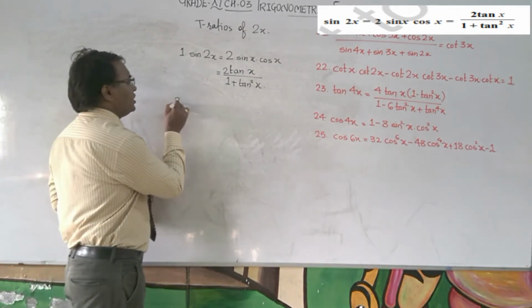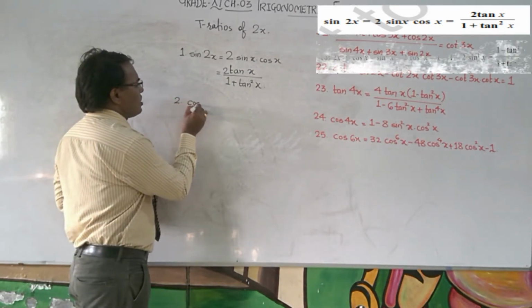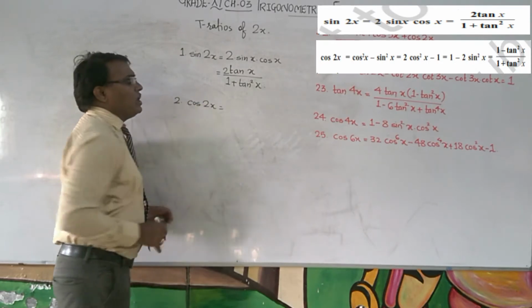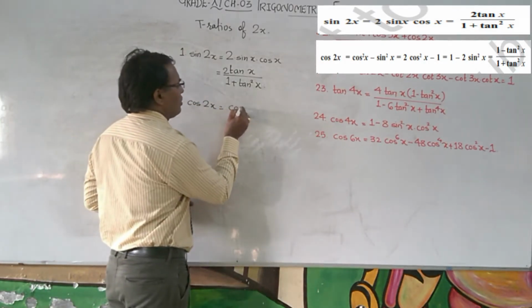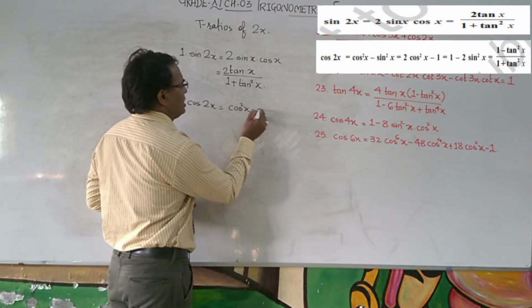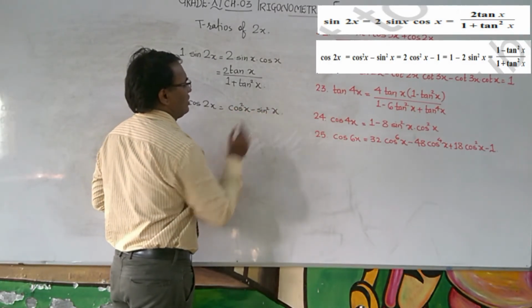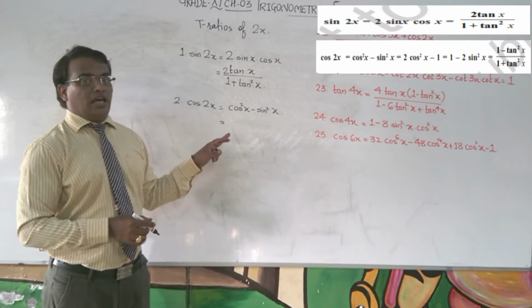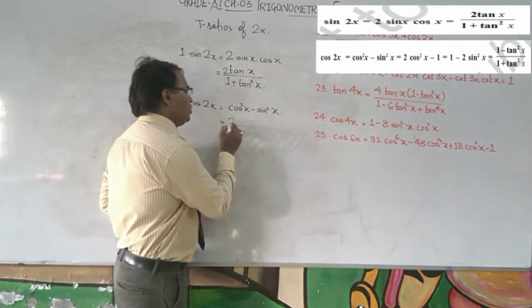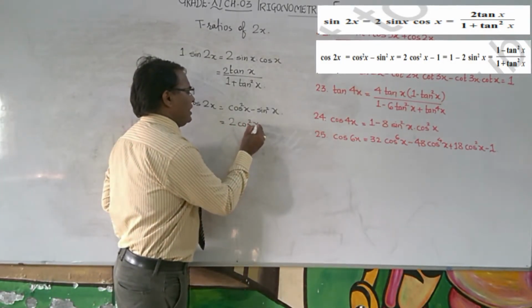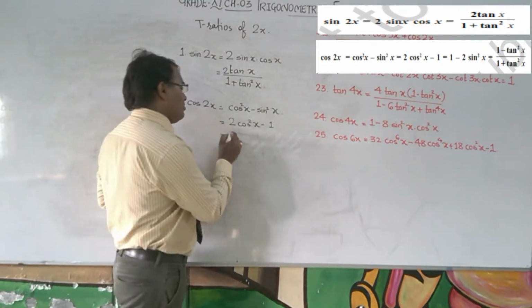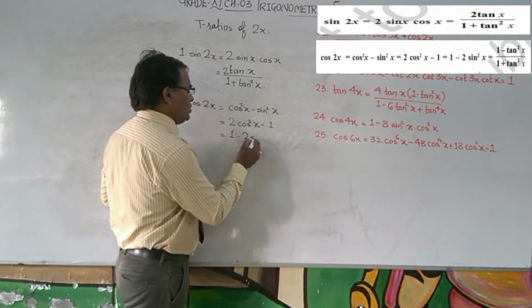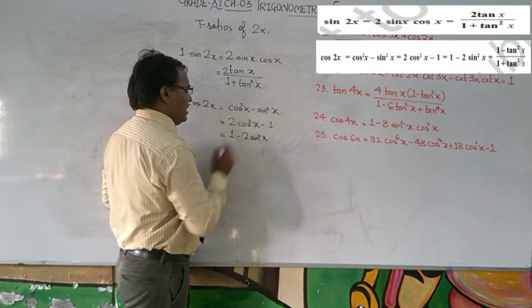Then formula number 2, that is cos 2x. Now cos 2x, the first form is what? Cos square x minus sin square x. It may take the form of 2 cos square x minus 1, or it may take the form of 1 minus 2 sin square x.